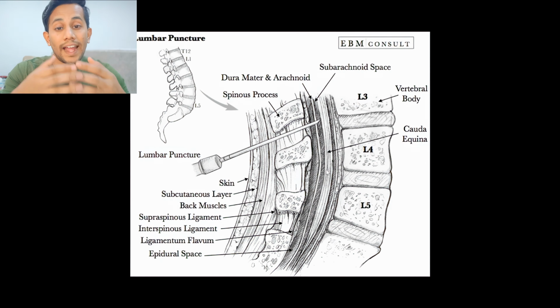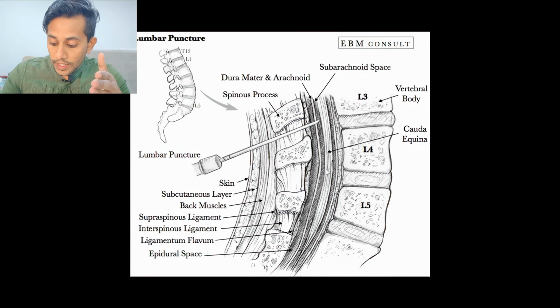The spinal cord usually ends at the level of L1 and L2. It does differ from person to person, so what you need to do is have your needle preferably below L2. That's why we do the lumbar puncture either between L3 and L4 or L4 and L5.